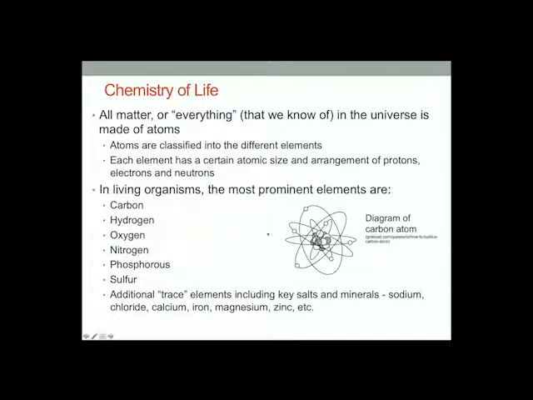Here's a general picture of an atom, a carbon atom, with the protons and neutrons here and the electrons zipping around in these orbits or orbitals. It's the interaction of the electrons between atoms that allows molecules to be made.